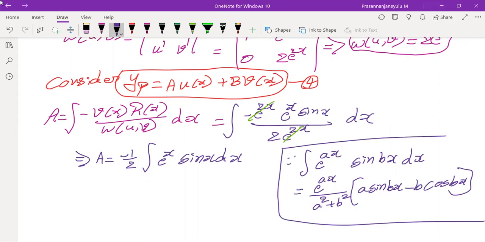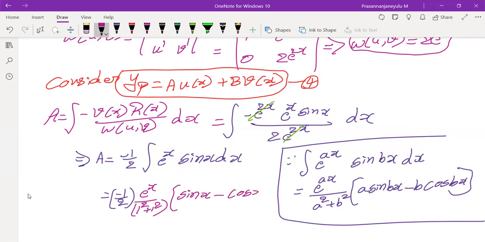a is 1. What is the value of b here? It is also 1. So if we substitute a and b values as 1 in this formula, then we get e power x by 1 square plus 1 square, the denominator part, into 1 into sin x minus 1 into cos x.